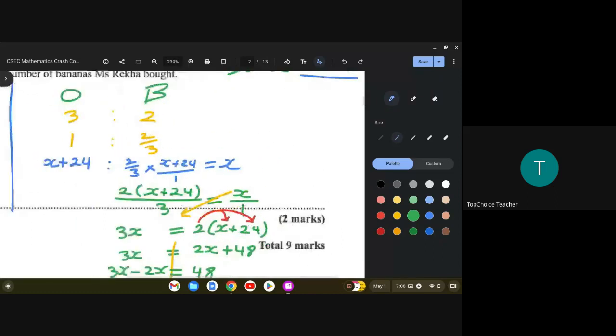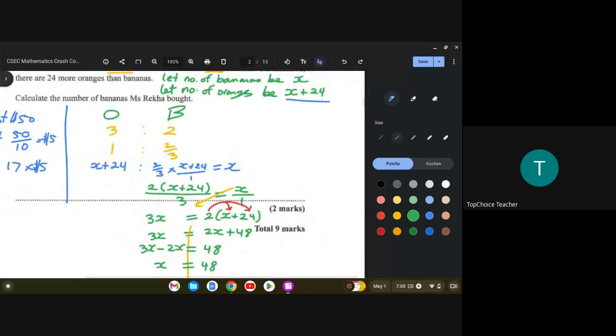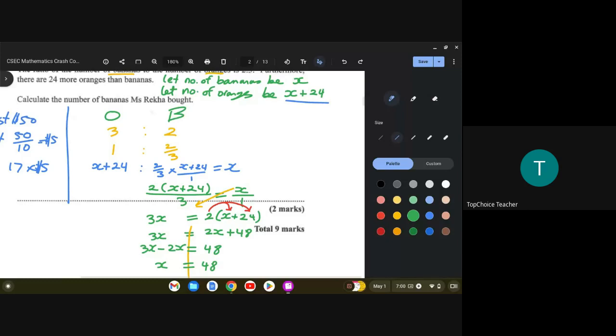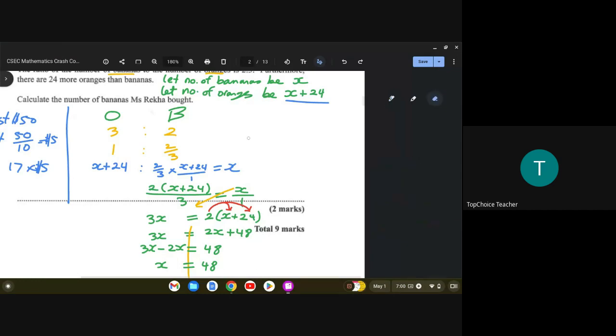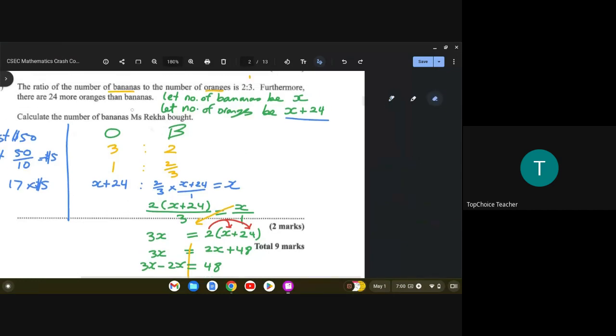Let's just take a minute to review what we did here, because this is quite a lot of work to reach this point for 2 marks, in my opinion. So let's look at what we did here. They told us the ratio of the number of bananas to the number of oranges is a 2-to-3 ratio, and that there are 24 more oranges than bananas.